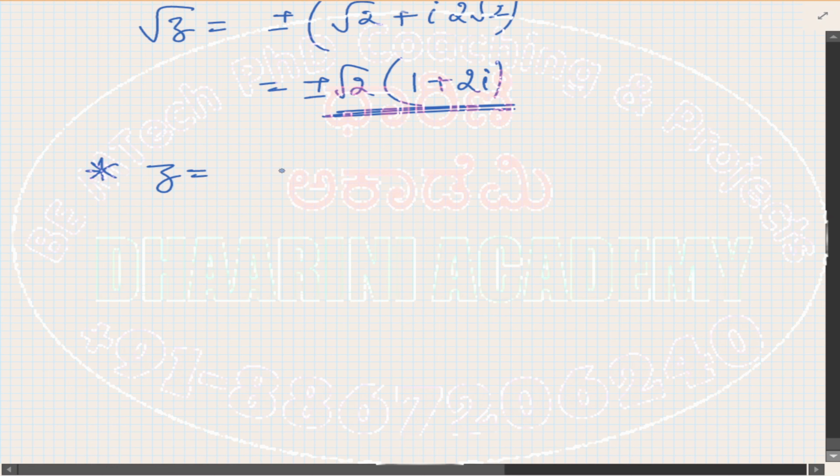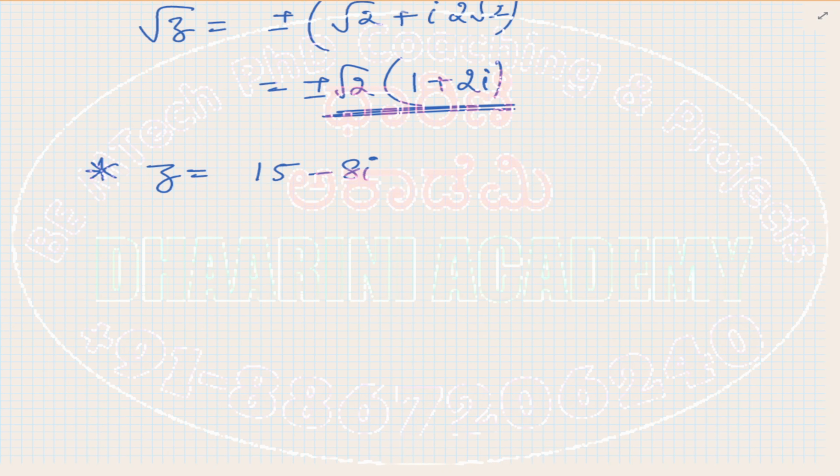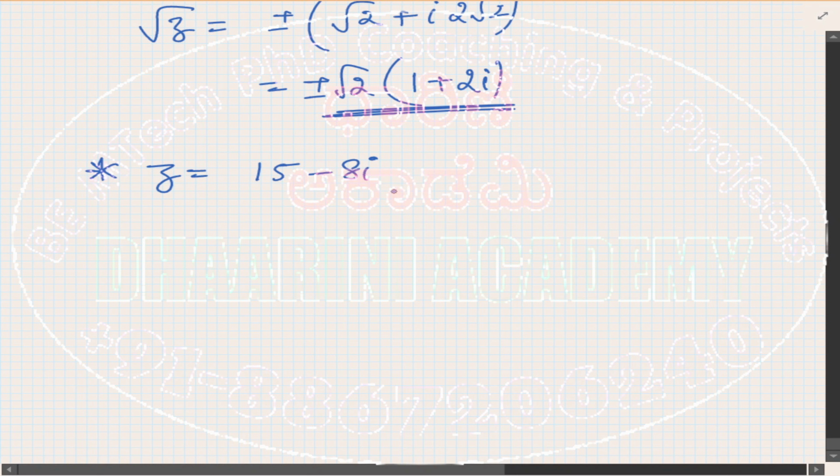This is 15 minus 8i. Find a equal to 4, b equal to 1. So the answer should be root z is equal to plus or minus, this is 4. Since the 8i is negative, this is minus i. Okay, right.